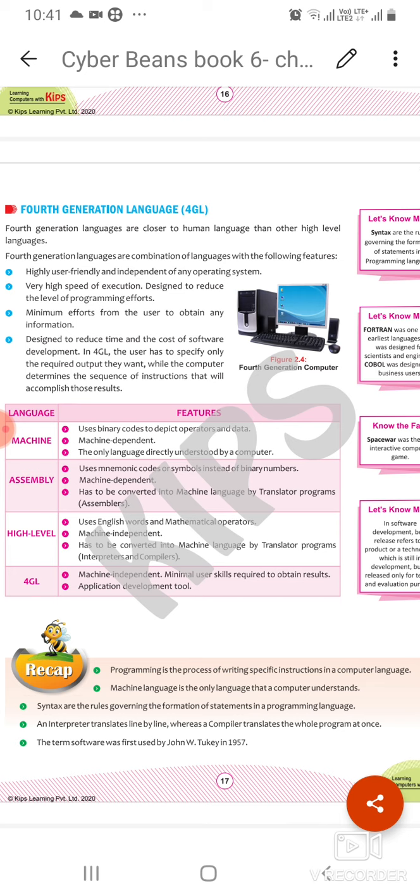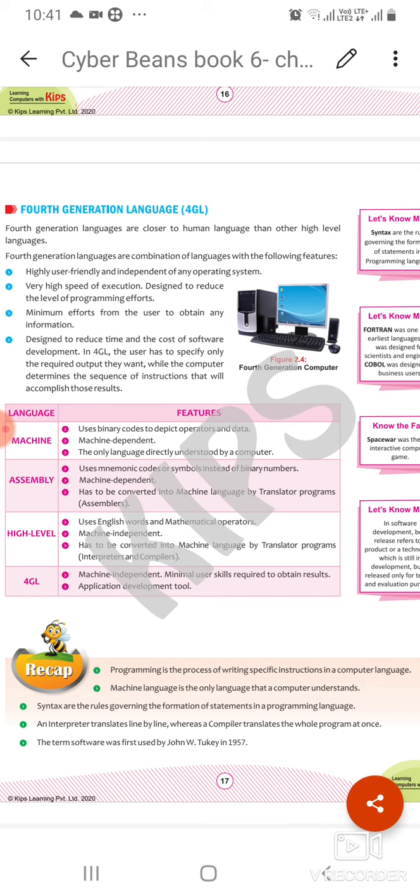Next, minimum effort from the user to obtain any information.